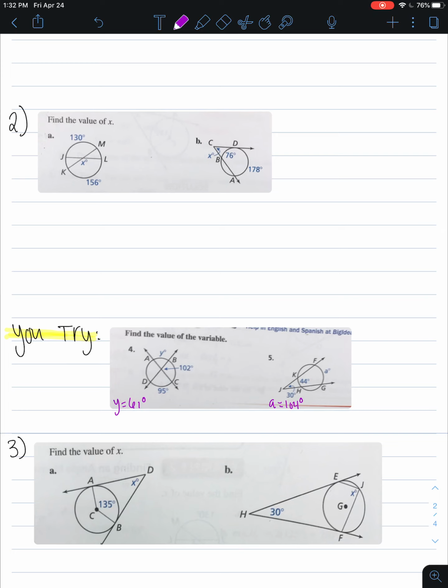Okay, so not too bad. As we move down here and start to apply some of the other theorems, this one wants us to find the value of x. So this is the one where the two lines, these two chords, are intersecting inside of the circle.